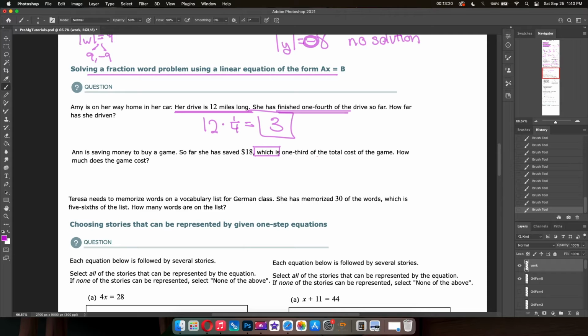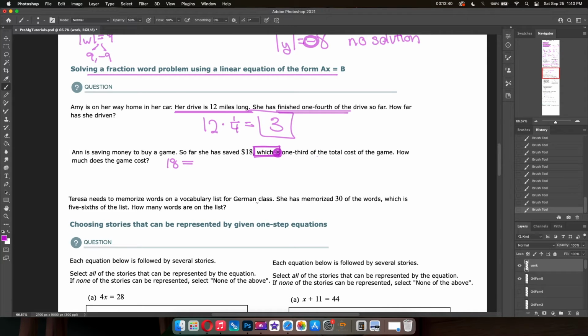The more important part is why I grabbed 2 iterations that had it, because this is where the actual algebra comes in, because now we have an actual equation. So far, she has saved $18, which is, and I'm going to remind you guys from an earlier video, your word for the equal sign.